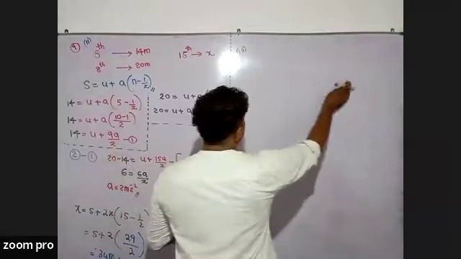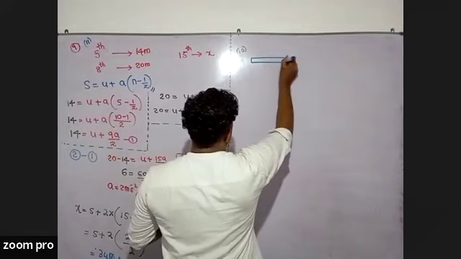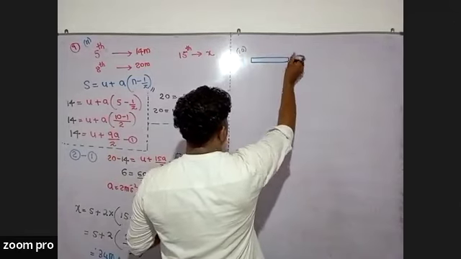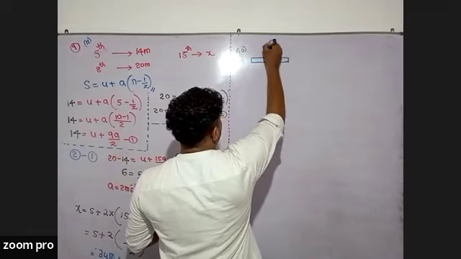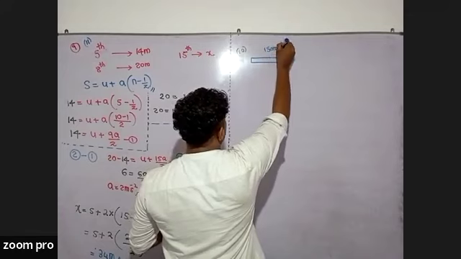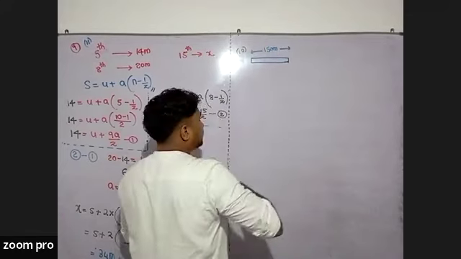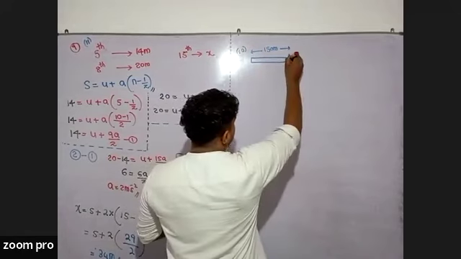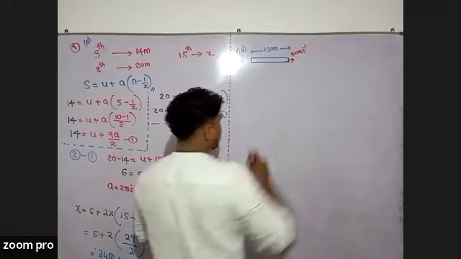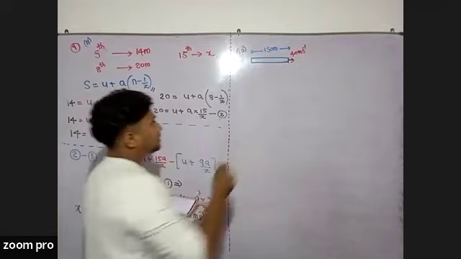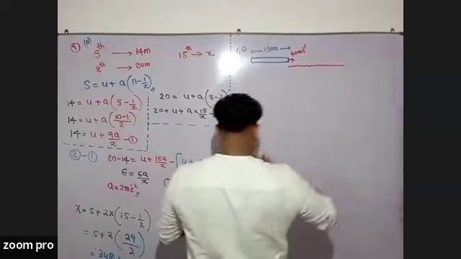So let's draw a relevant diagram. Let's assume this is the train. It has a length of 150 meters. When the train enters the platform, it has a 40 ms minus 1 velocity, right? Let's assume this is the platform.